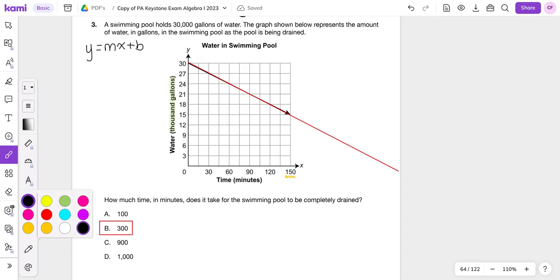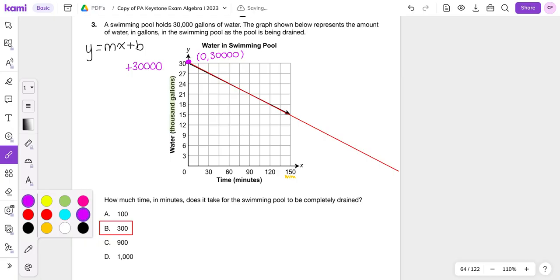We have to be very careful how we handle this because our b is up here. While it shows 30, this is actually 30,000, which means the y-intercept, or b value here, is going to be plus 30,000.